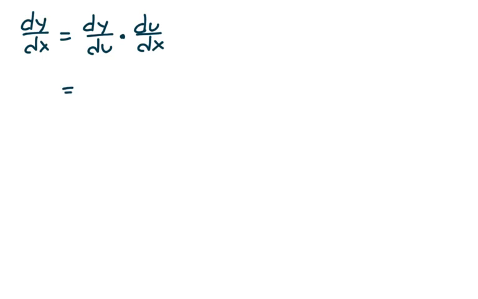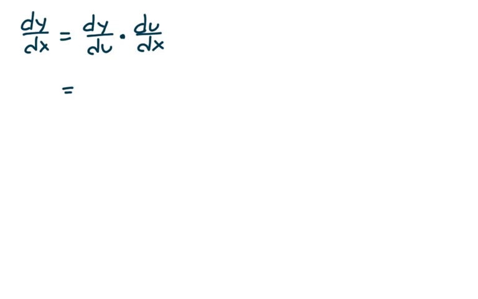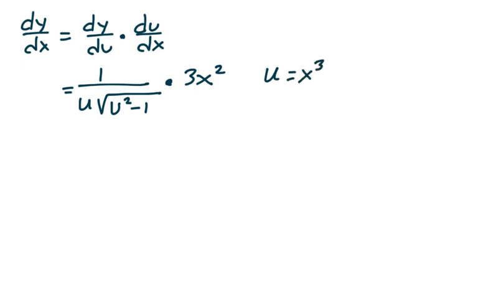And let's remind ourselves, dy/du is 1 over u times the square root of u squared minus 1. du/dx is equal to 3x squared. Okay. But remember, u is equal to x cubed.